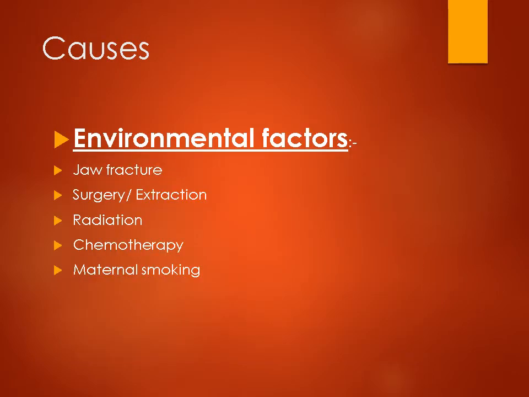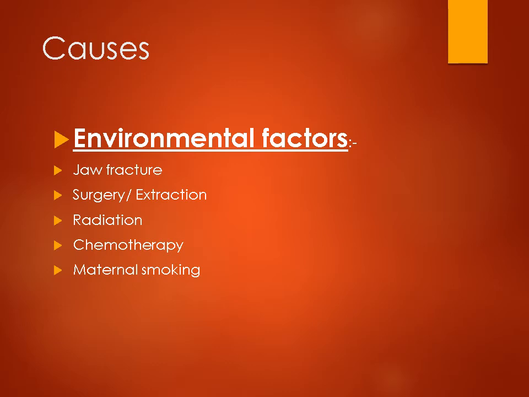Now there are many causes that can lead to hypodontia, oligodontia, and anodontia. A few examples are environmental factors. These include jaw fracture, extraction, surgery, or radiotherapy, where ionizing radiation applied onto the developing tooth bud disturbs and destroys its development phase and leads to absence of teeth.